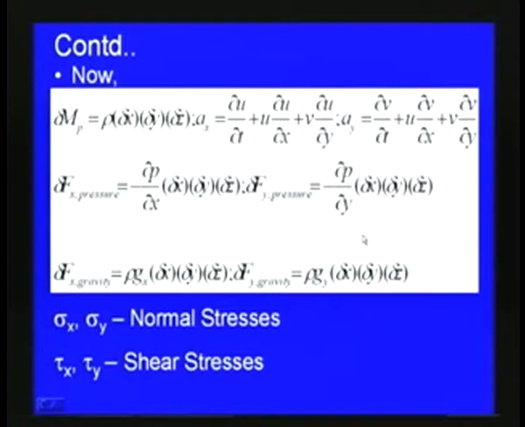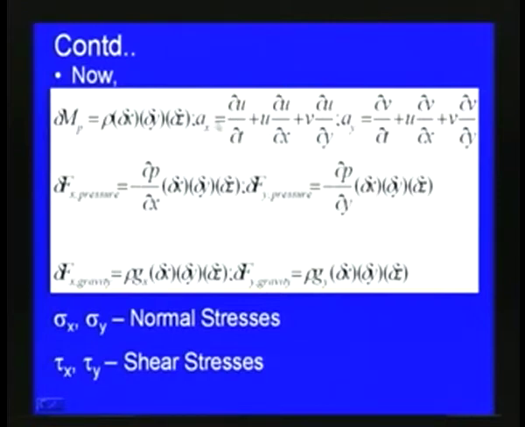As far as the mass of the fluid element is concerned, if rho is the density and the fluid element is of size delta x, delta y and delta z, then the mass delta mb is equal to rho into delta x into delta y into delta z. For acceleration, we consider the local acceleration and convective acceleration.